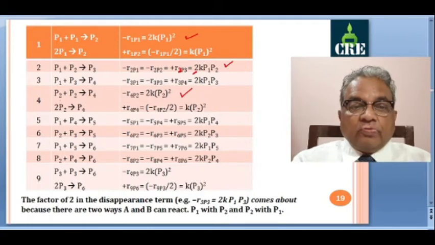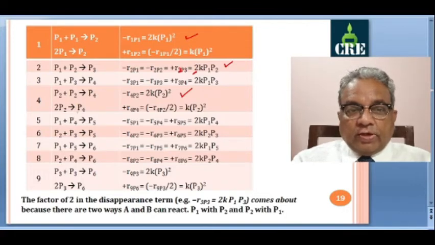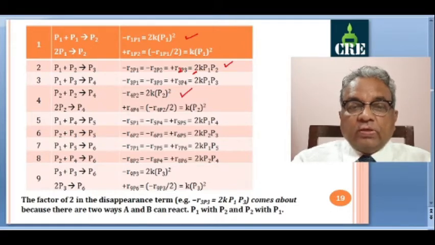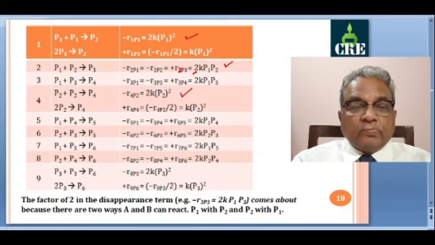It is not because of P2 with P2 and P2 with P2, same thing. But here as we have 2 moles of P2 giving you K P2 square, whereas the relationship between rate of formation of P4 is half the rate of disappearance of P2. So rate of disappearance of P2 is 2K P2 square.